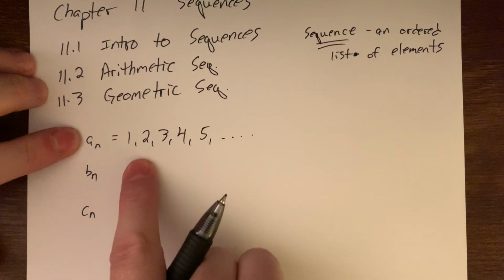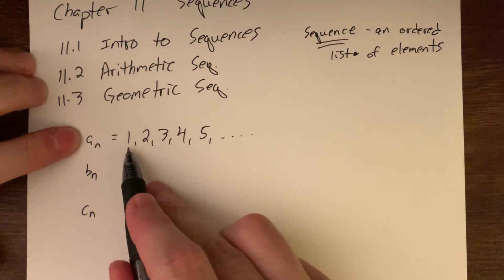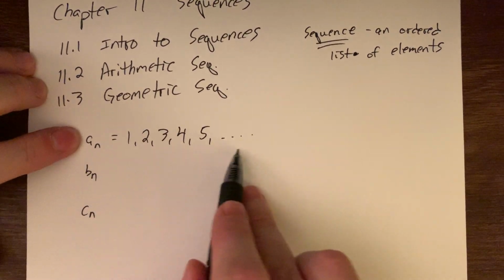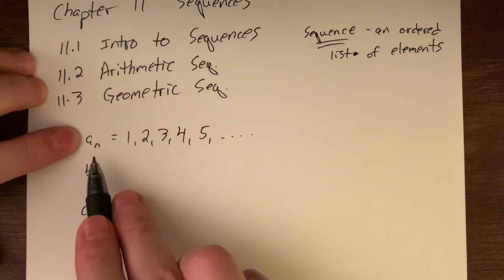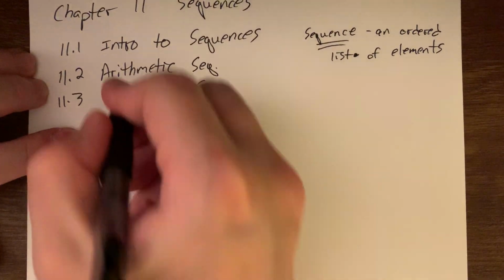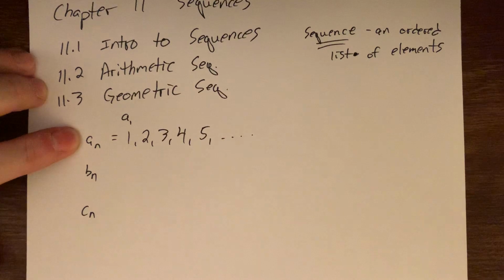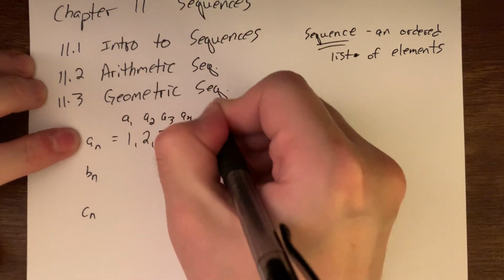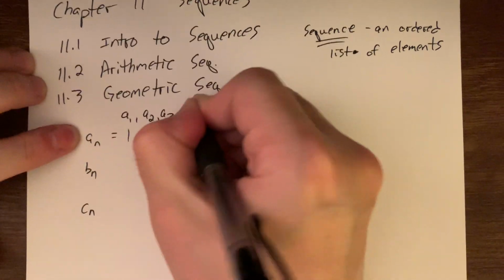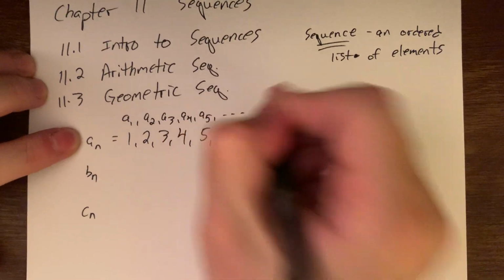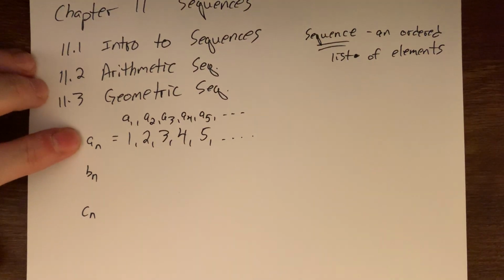And then in this first one, I'm being very clear with my terms that if a sub n is the general sequence, well, I could use subscripts for each individual term. That the first term we'd call a sub 1, the second term a sub 2, then a sub 3, then a sub 4, and so on. That we could say generically for any, this would be a sub 5, and I keep going on.